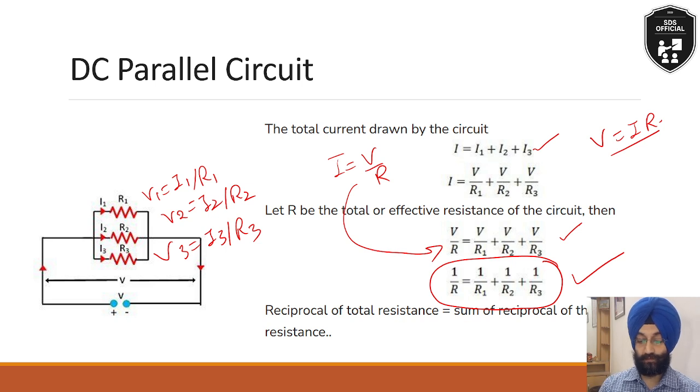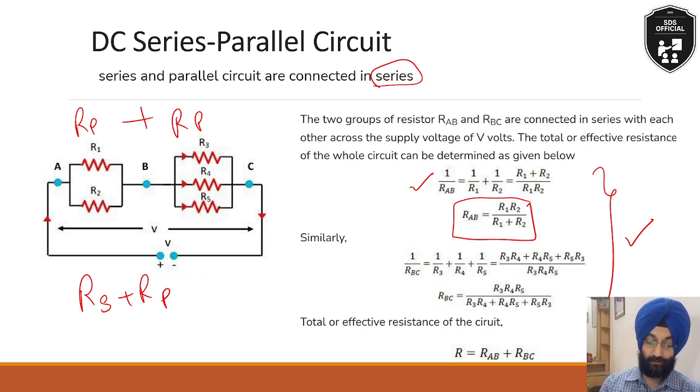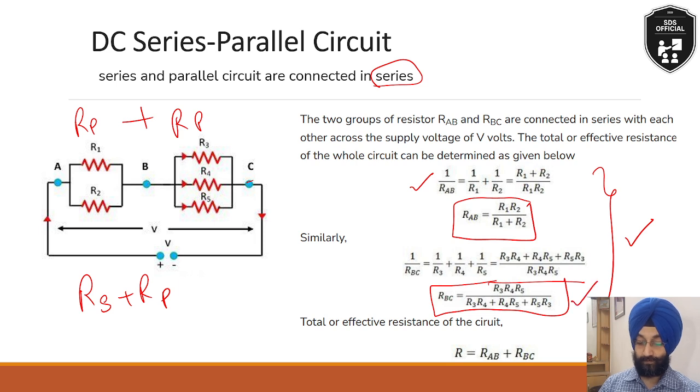That has been used in the parallel combination of resistances. Again, for the resistance between point B and point C, the same formula can be used and the mathematical equation will become this. So the total effective resistance will be the resistance RAB in series with the resistance RBC. So you can get numericals based on these.